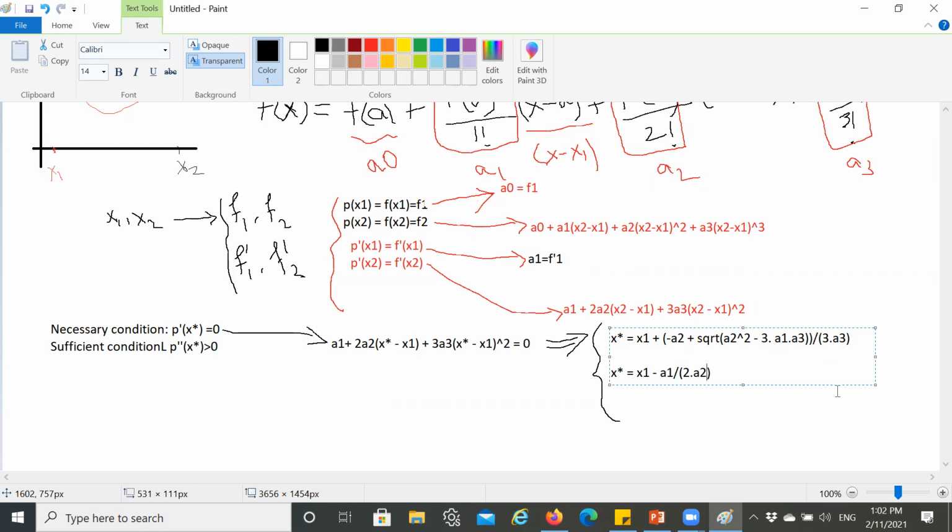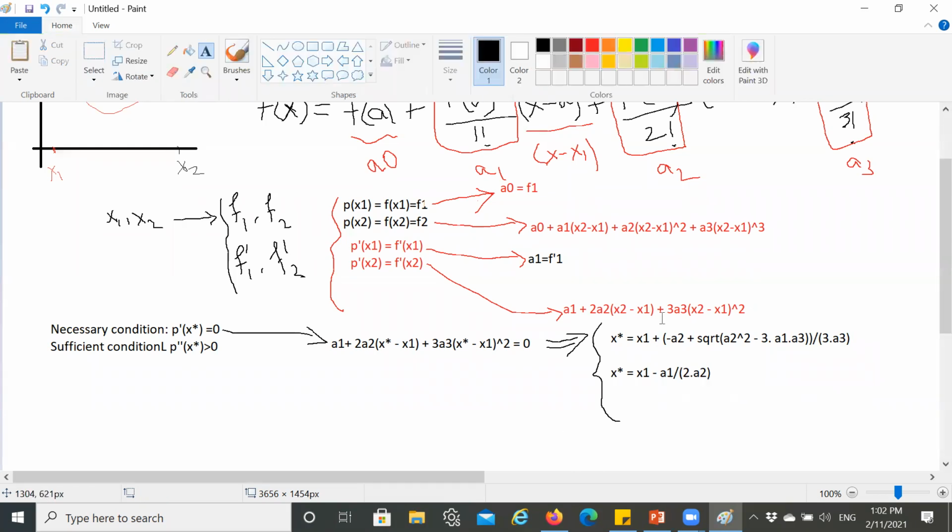Okay, now what is the difference between these 2? This first one is a solution when A3 is not equal to 0 because we have A3 in the denominator, okay? And this is the solution when A3 is equal to 0.